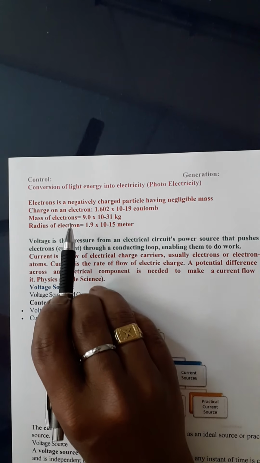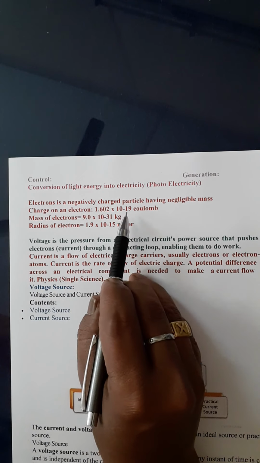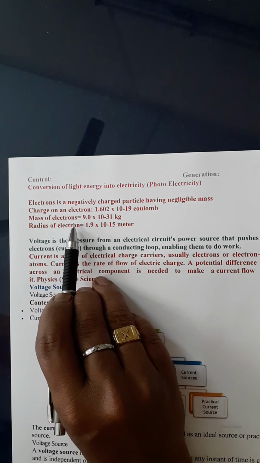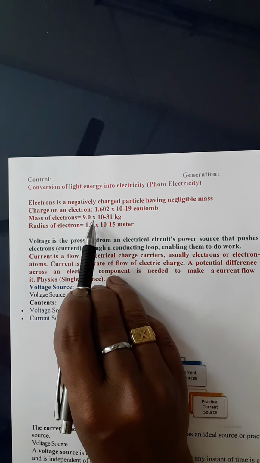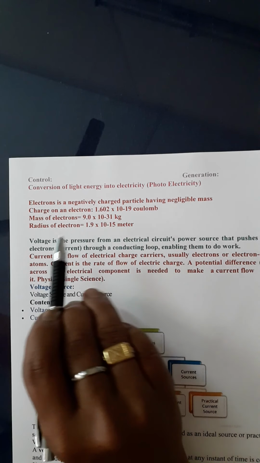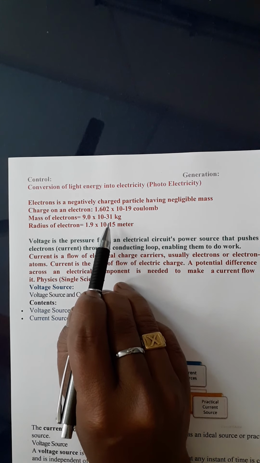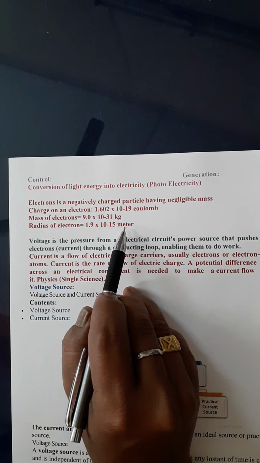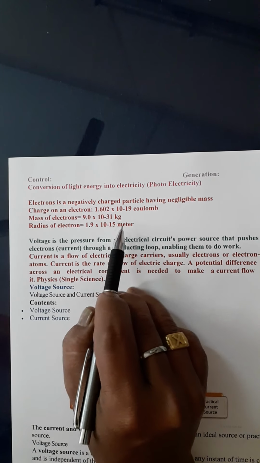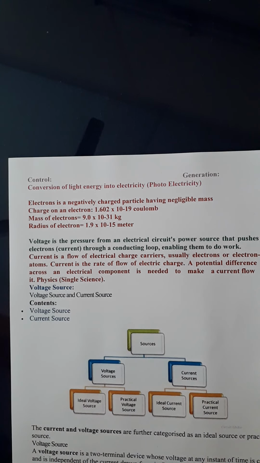Charge on an electron is 1.602 into 10 to the power of minus 19 coulomb. Mass of electron is 9 into 10 to the power of minus 31 kg. Radius of electron is 1.9 into 10 to the power of minus 15 meter. These are some of the constants which are regularly used while we are doing the calculation.